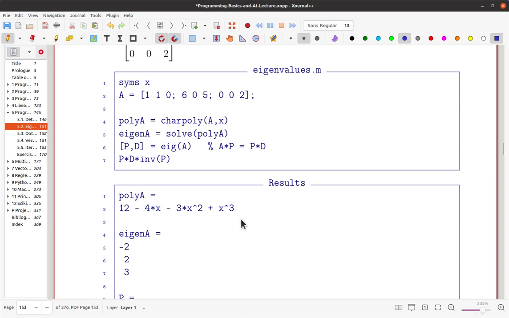That means this can now be factored in linear terms: x plus 2, x minus 2, and x minus 3. Now, by using the built-in EIG command, we can get the collection of eigenvectors and the diagonal matrix of eigenvalues.